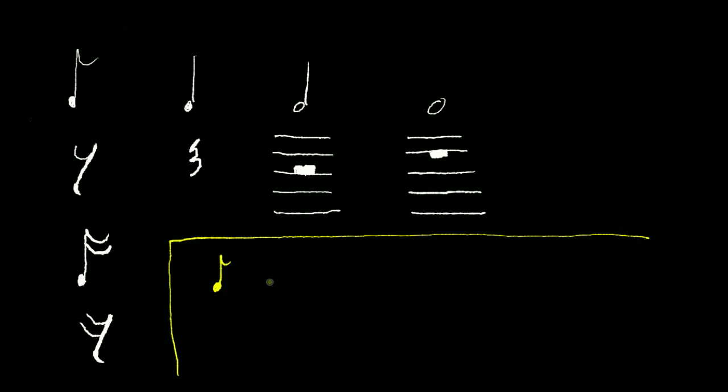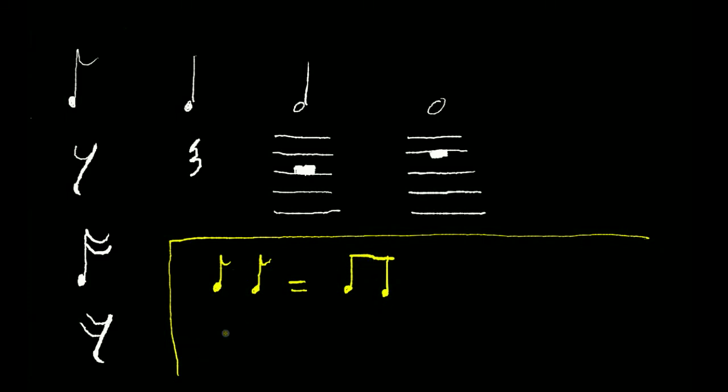But you might be wondering, because we talked in a previous video, and I'll do this in yellow for right now, and I'll box this off so you know this is separate. We had talked in a previous video about how we beam notes together, about how if we have 2 eighth notes like that, we would write those 2 eighth notes with a beam over the top like that, and it just looks a little bit nicer on the page.